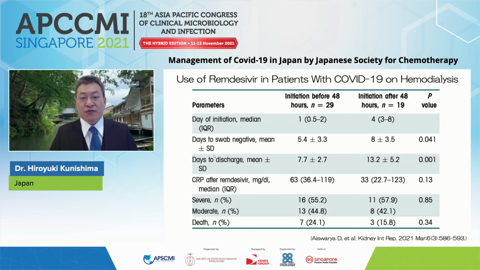Remdesivir should be carefully administered in patients with renal dysfunction. The efficacy of remdesivir seems to be controversial, but a previous study shows that treatment in an earlier phase, before oxygen is required, showed higher effectiveness.